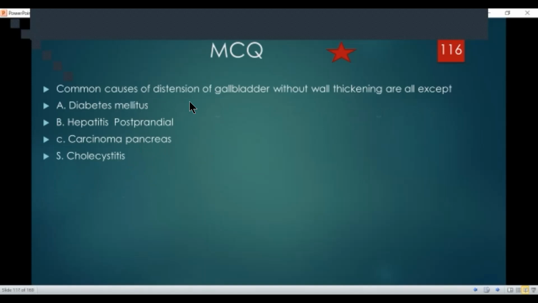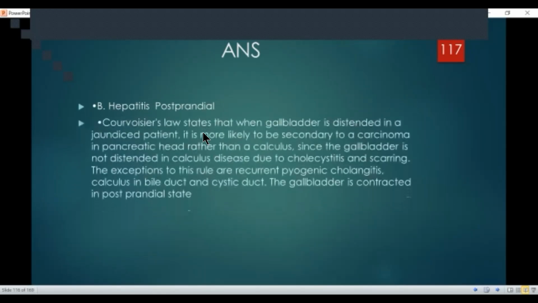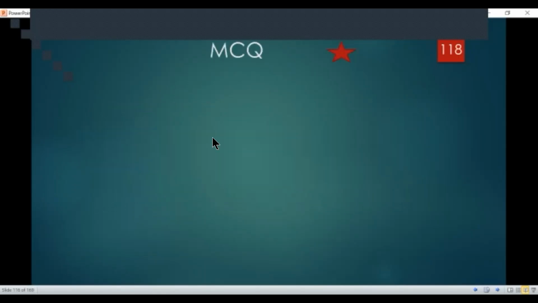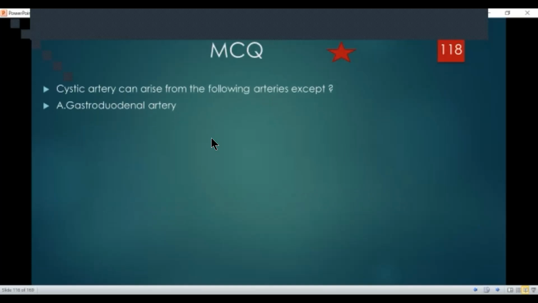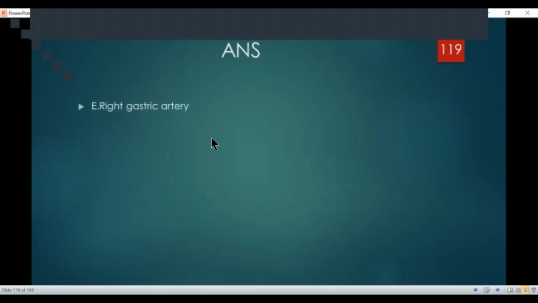So distension of the gallbladder without wall thickening is due to hepatitis and postprandial state. Cystic artery can arise from the following arteries except. So it can arise from all except the right gastric artery.